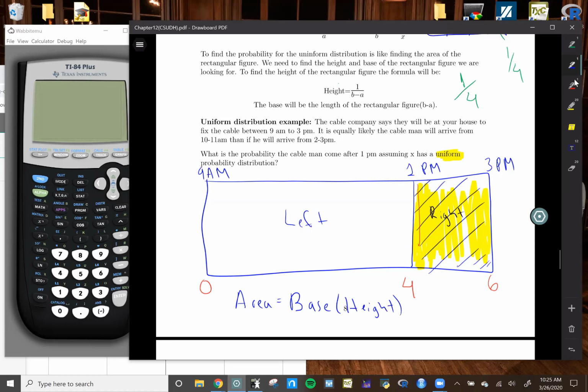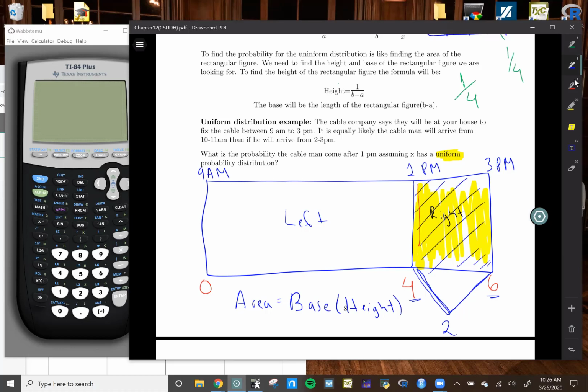We're going to find the area of the yellow shaded rectangle by finding the base and the height. First let's find the base. From 1 p.m. to 3 p.m., how much did they wait for? 2. Also, if you would have done 6 minus 4, you get 2 again. Everybody good so far with this?